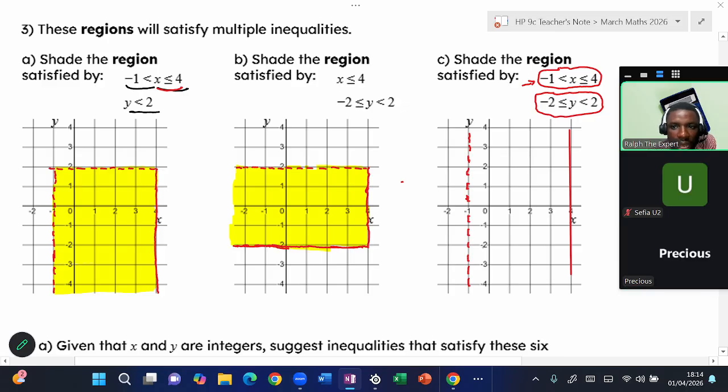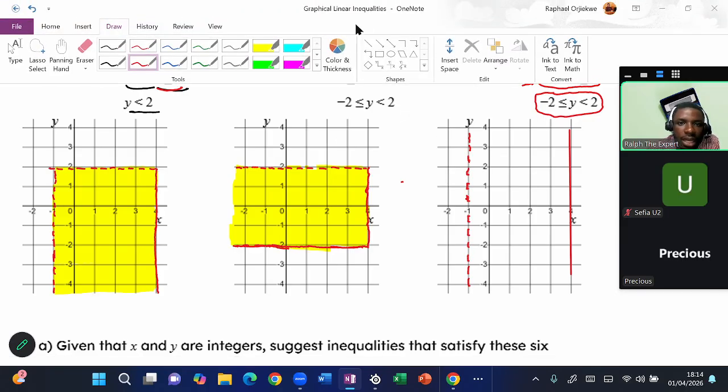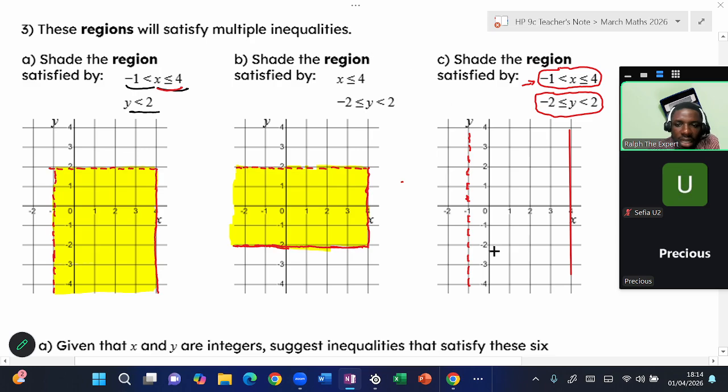A solid line. So you can see, Sophia, that side is shown because it has an equal to. That's why we're using a solid line here.